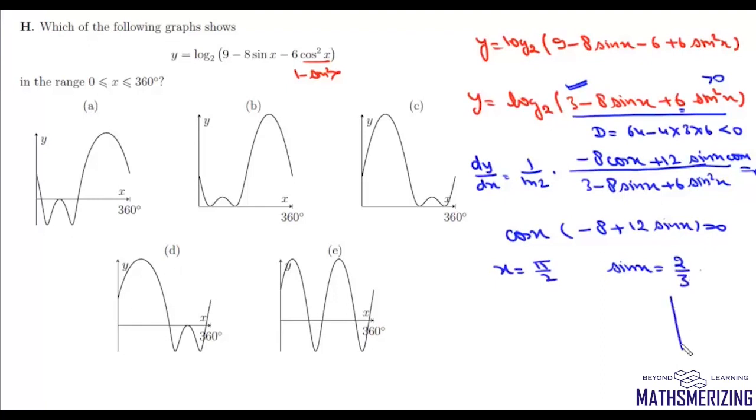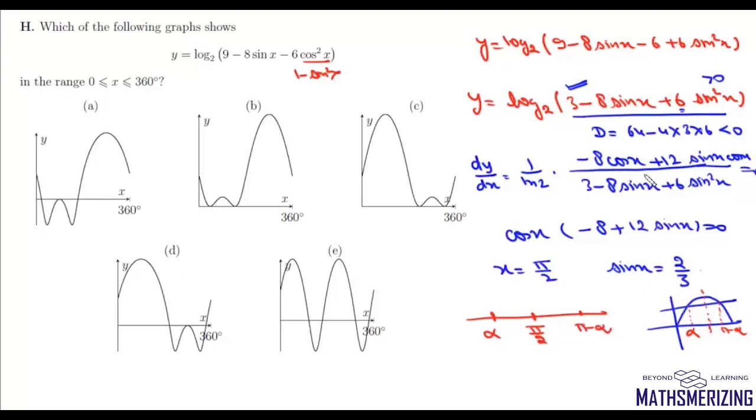Now if we look at the graph of sine, its value will be 2 by 3 at 2 points. One of them is less than pi by 2, say alpha, and here this other point will be pi minus alpha. So we'll have 3 critical points: alpha, pi by 2, and then pi minus alpha.